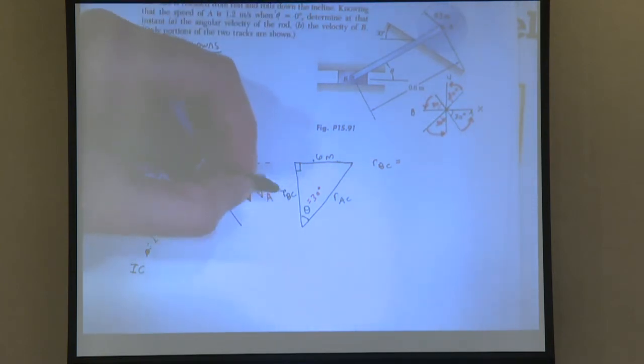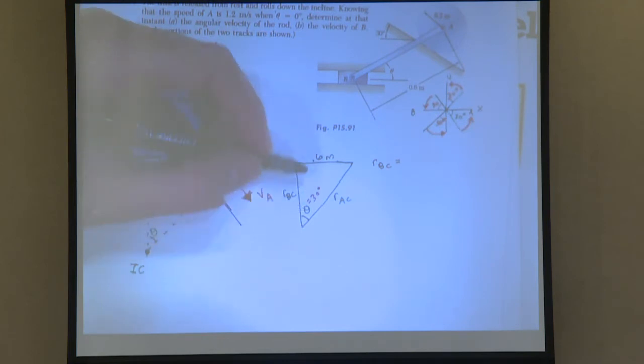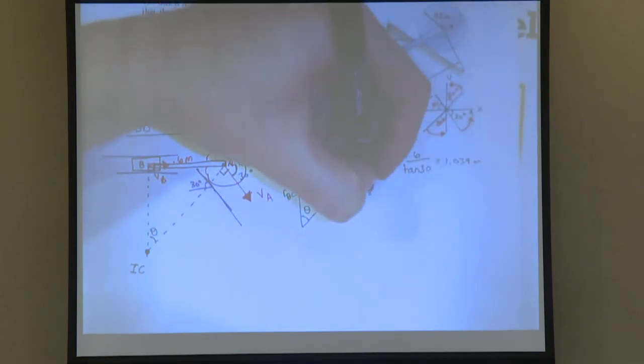So RBC, how could I find that? Tangent of theta is going to equal 0.6 over RBC. So RBC is going to equal 0.6 over tangent 30, which gives us 1.039 meters.